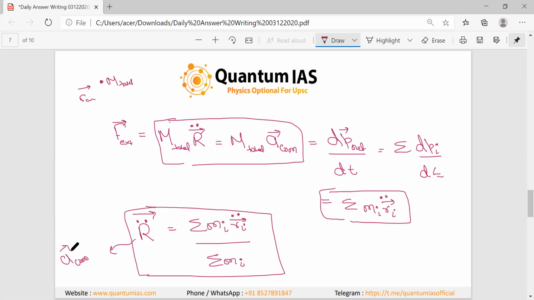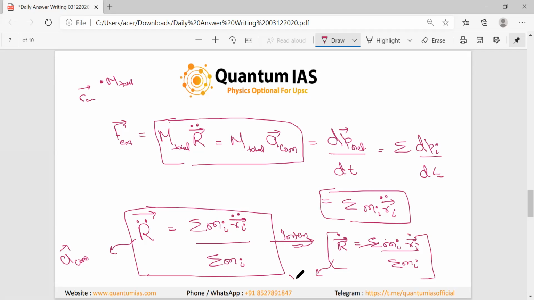Now if we integrate it, we get r dot equals summation m_i r_i dot upon summation m_i, that is the velocity of the center of mass.